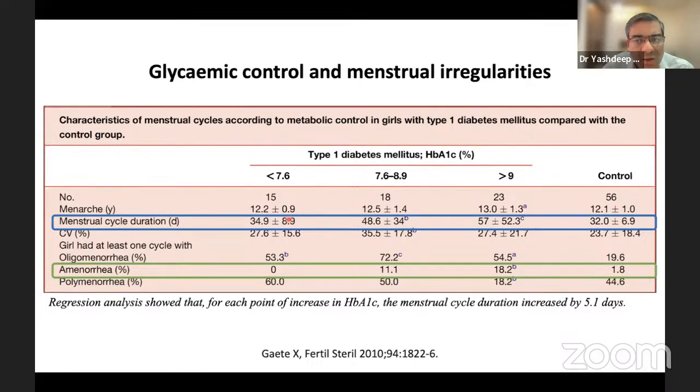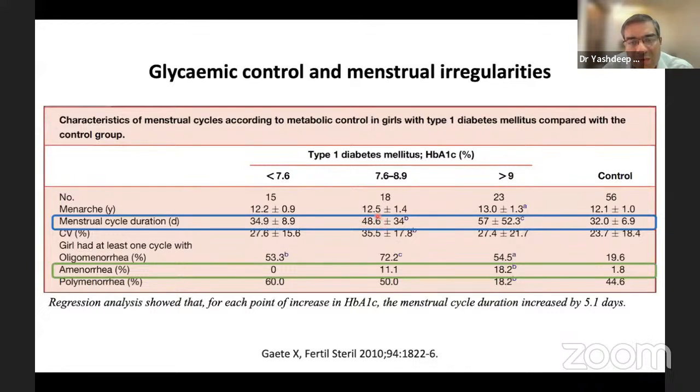For menstrual cycle duration, the control has a mean menstrual cycle of 32 days, and type 1 diabetes with A1C less than 7.6 is still near to that 32 figure. So there is not much impact if the glycemic control is optimal, as defined by 7.6 in this particular study. But as we move towards insufficient or poor control, defined as 7.6 to 8.9, there is a marked increase in the menstrual delays.